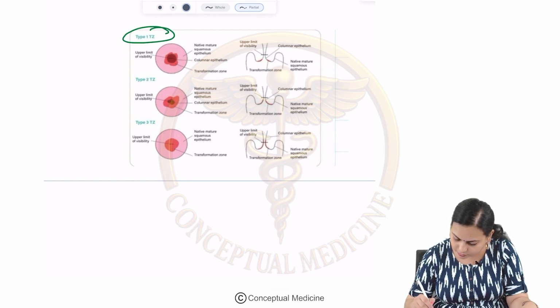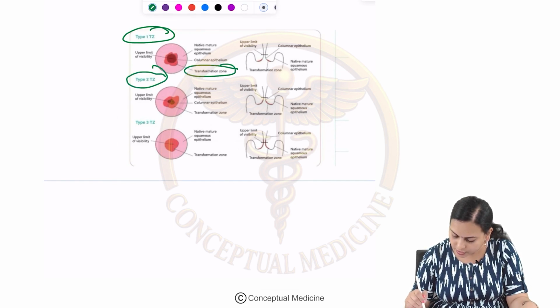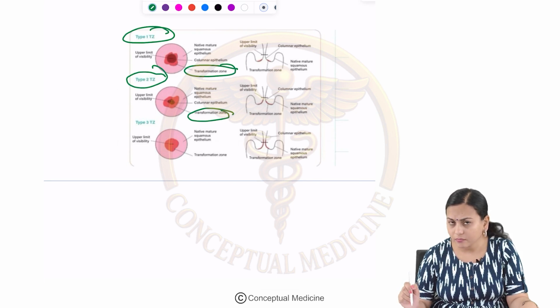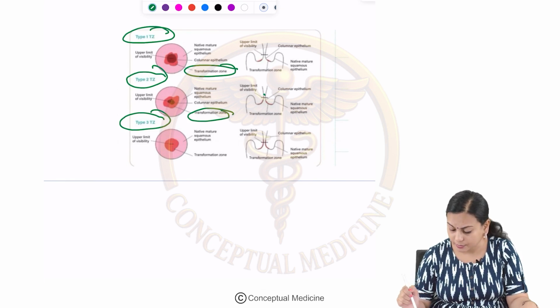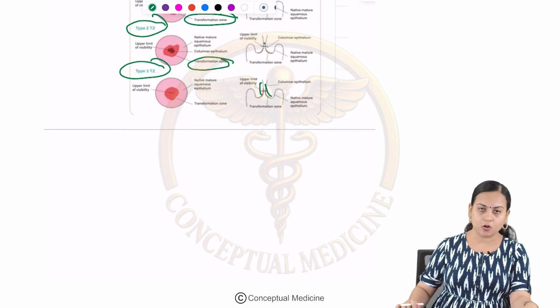Okay. So, this is the transformation zone that is clearly visible while you check. Type 2 transformation zone is visible and it also has an endocervical as well as the ectocervical component. Okay. In type 3, you will not be able to see the transformation zone properly while doing a speculum examination because it will be having only an endocervical component.